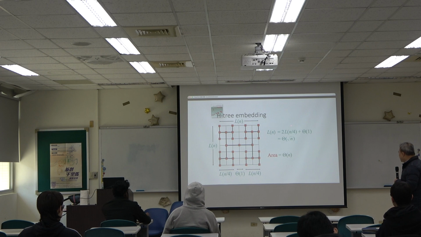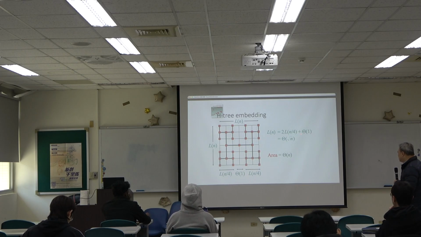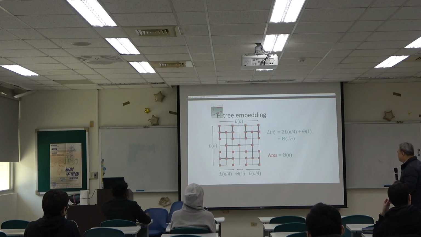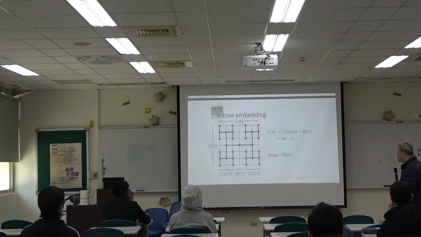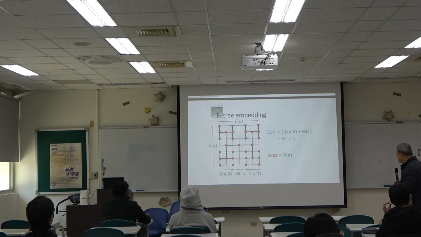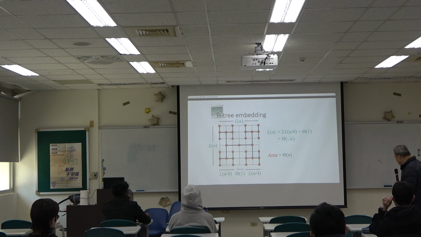Here b is 4, a is 2, and this is your f(n). According to the master theorem, n to the power of log base b of a is n to the power of 0.5, which is polynomially higher than your f(n). So according to the master theorem, the complexity is going to be this one.